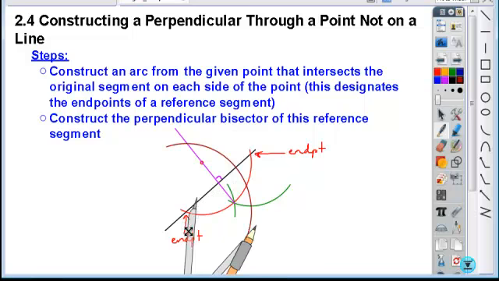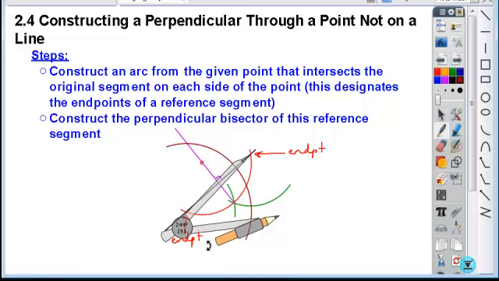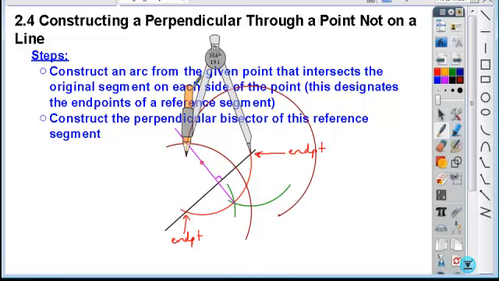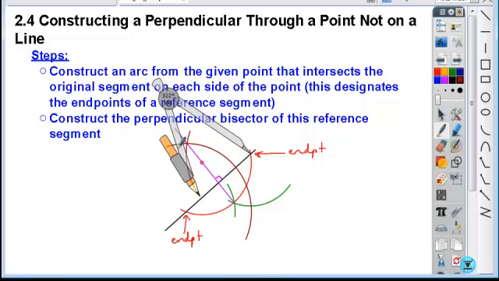Okay, so if I place my compass tip on each of these endpoints, and I intersect above and below so that I have this confirmation, so what you should find is that it'll verify that you're passing through.